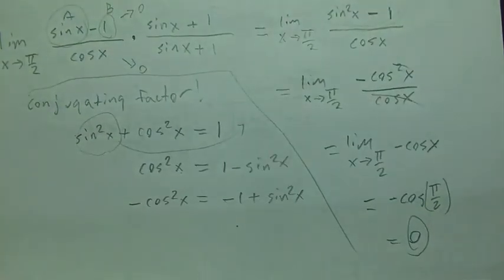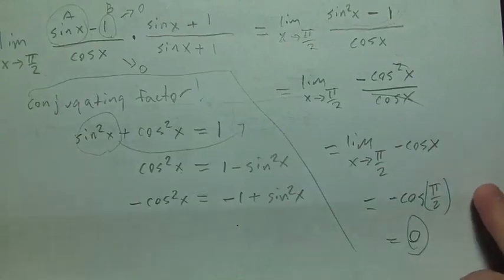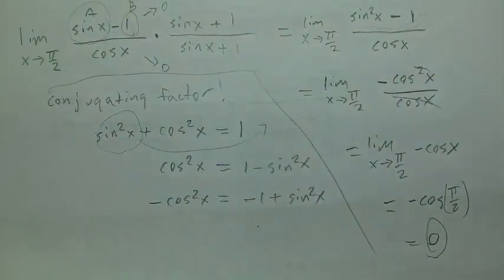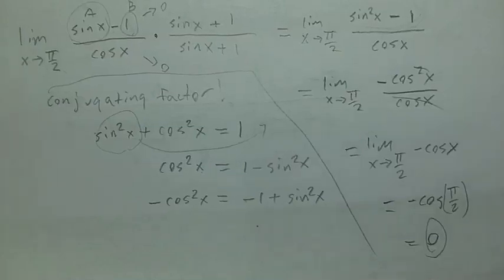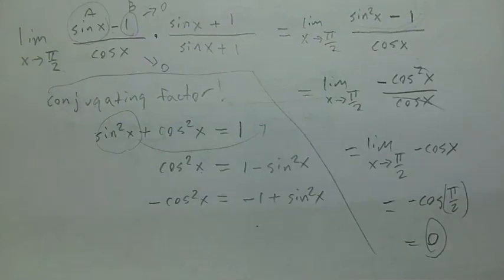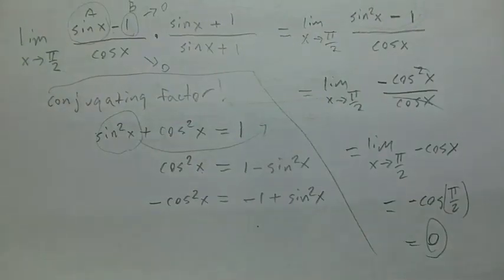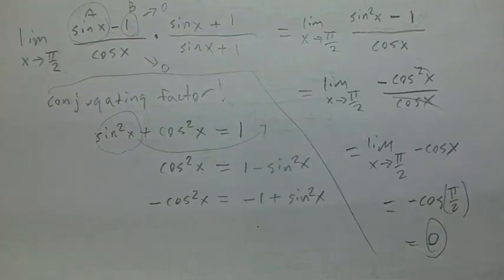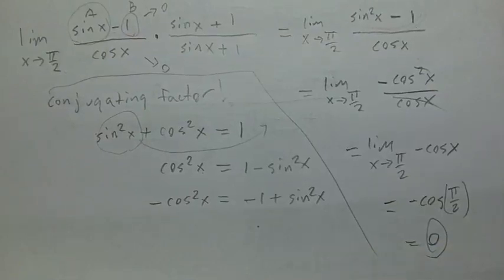So whenever you see a 0 over 0 case with sums of square roots, you should automatically think of the conjugating factor idea. But that's not the only time you can use it. It's often very useful when you see weird trig examples. So you might see a couple in your book that deal with that.